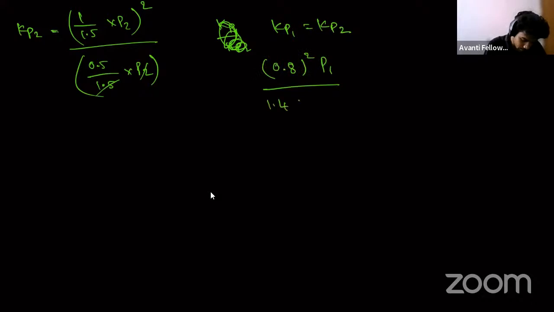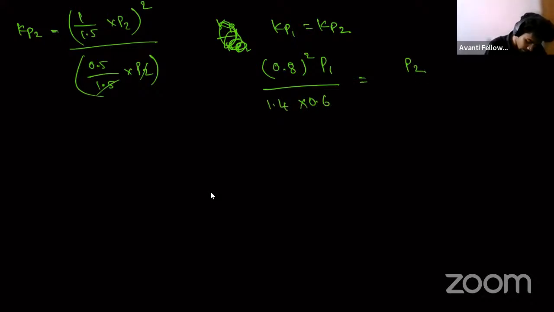Now, if you want to write Kp1 by Kp2, Kp1 is equal to Kp2, sorry. Now, if you substitute this, nothing but 0.8 whole square into P1 by 1.4 into 0.6, that is equal to, what is left here? 1.5 is left.